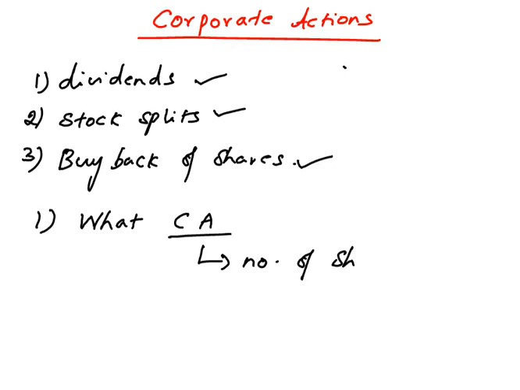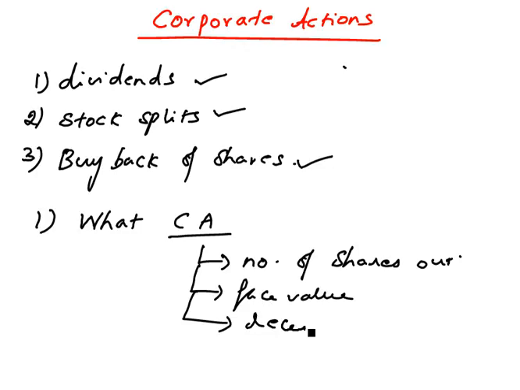Some changes will happen in the number of shares that is outstanding, or it may change the face value of the shares, or it may bring about even buying back of shares or receiving new shares when there is a merging or acquisition by the company to the shareholders. So this is what will happen in case of corporate action.